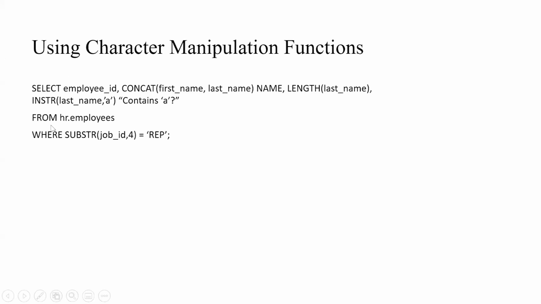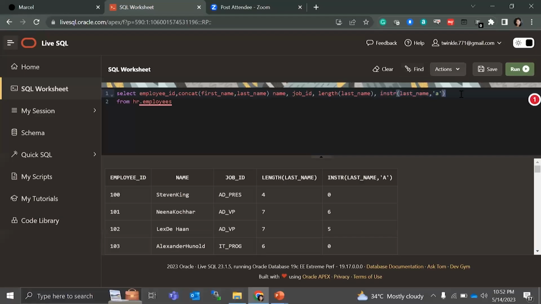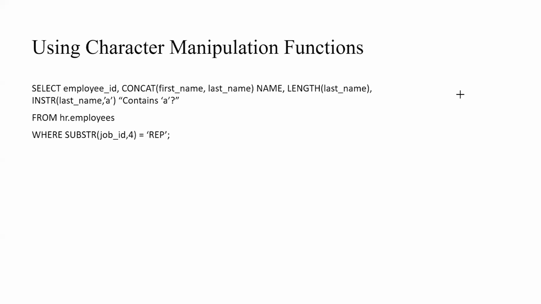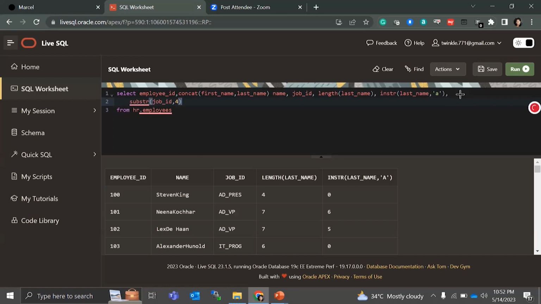So okay, substring. So let's try quickly substring of job ID. This is something important, and this sometimes we do get. There it was used as a where clause. It's a filter, but we will use it as a column.